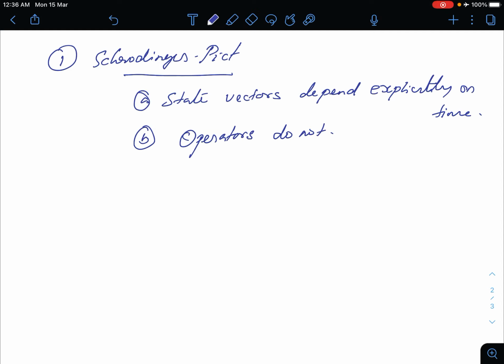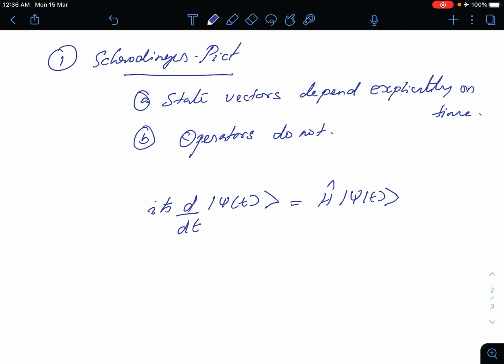So let's check out the equation of motion in that. That is i h cross d by dt of psi of t is equal to h cap psi of t, where psi of t denotes the state of the system in the Schrodinger picture.